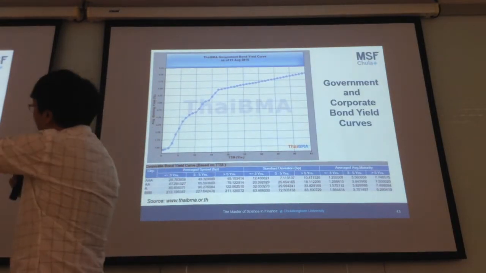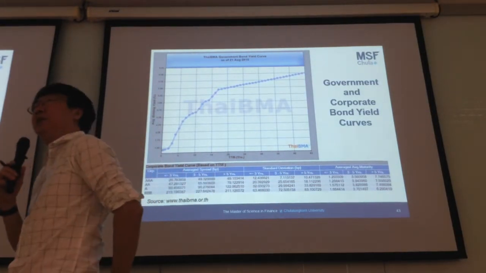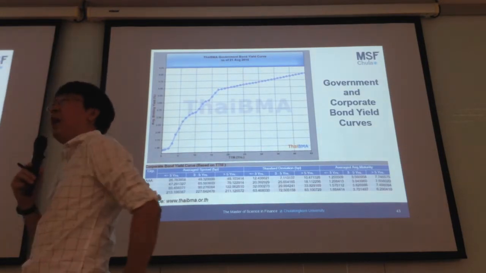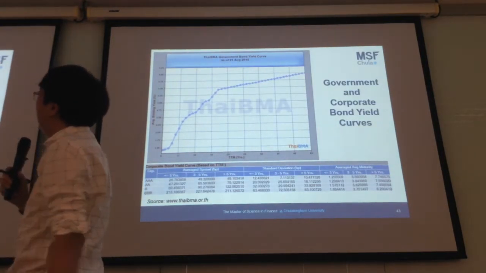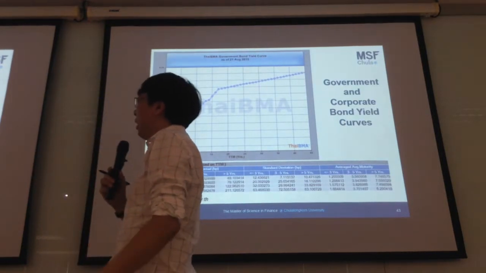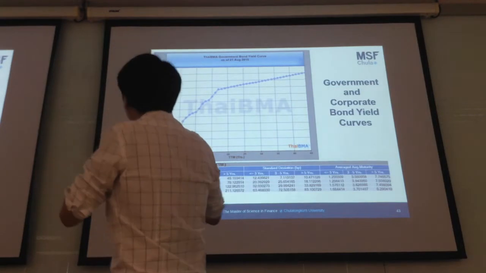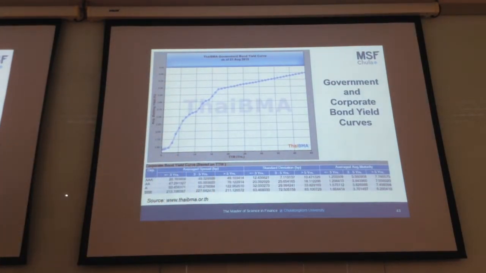This just shows the graph. Some students may wonder why the graph does not look nice. Of course, because we use the actual data to plot this. In the last lecture we tried to come up with, given that the actual data is just discrete like this, how to construct a nice or smooth yield curve.